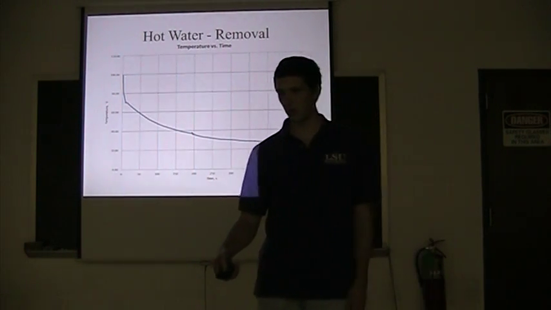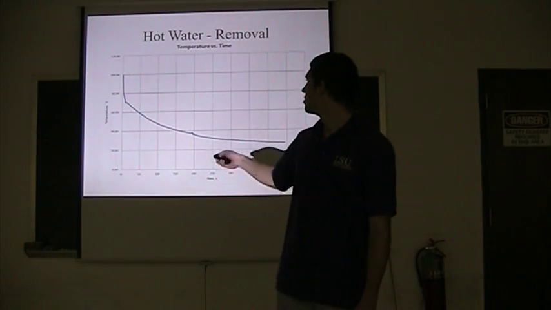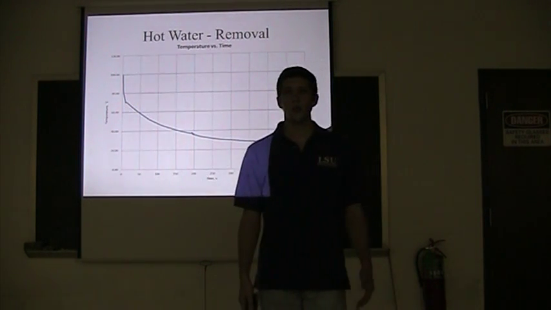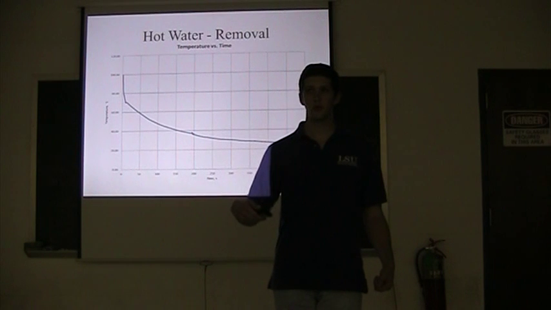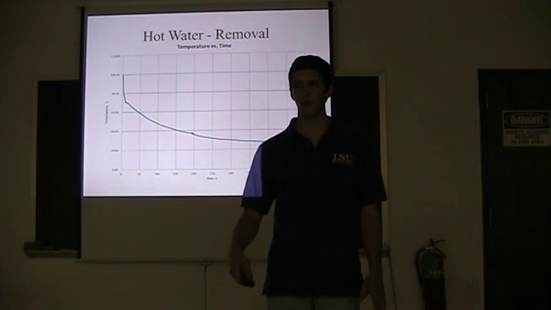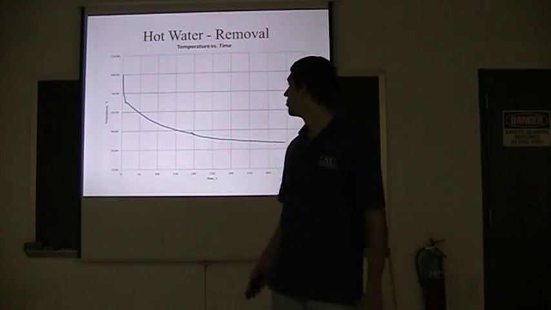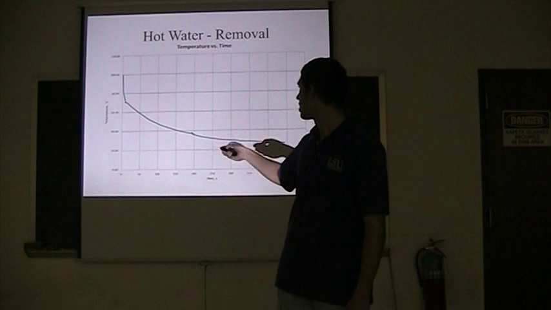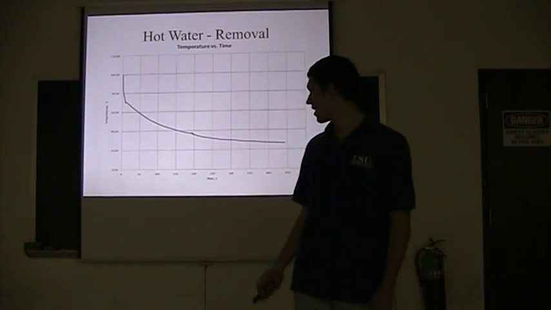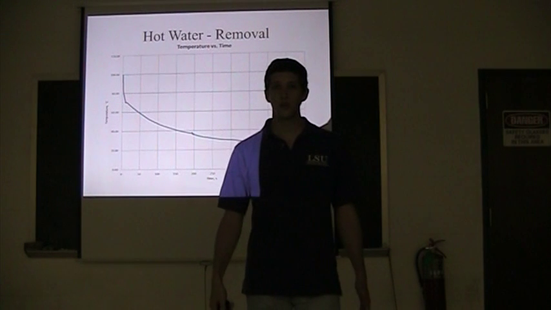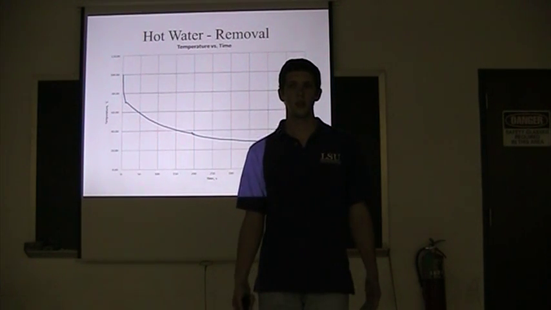This is the removal process. This is, again, the raw data. You can see here we have an inconsistency. This is mostly because it was removed from the ice bath and probably waved around just a little bit and wiped off. And then from there we get a mostly smooth line. Also, you can notice that it takes a lot longer. The insertion reached the desired temperature in about 6.7 seconds.